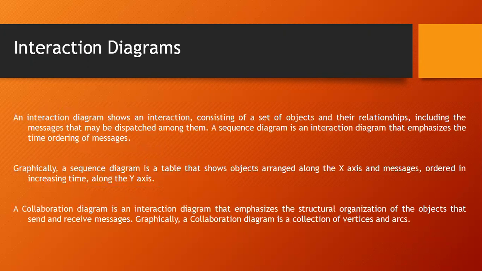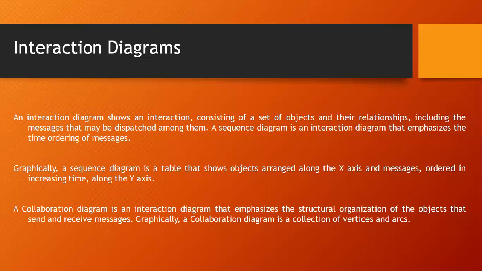In our previous video, we have seen that when we model an interaction, we typically include both objects and messages. We can visualize those objects and messages involved in an interaction in two ways. One is by emphasizing the time ordering of messages, and the other by emphasizing the structural organization of the objects that send and receive the messages.